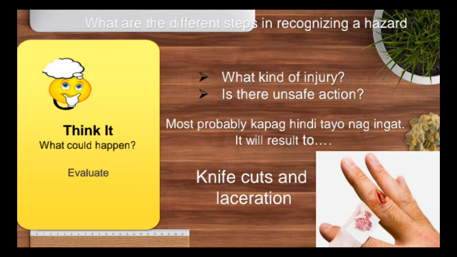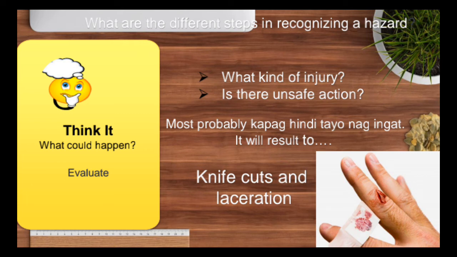The second step is think it. What could happen? In this step, you are going to evaluate the hazard. Since you already know the hazard, ano kaya ang pwedeng mangyari? What kind of injury? Is there unsafe action? Just like what we have in our example, knife.